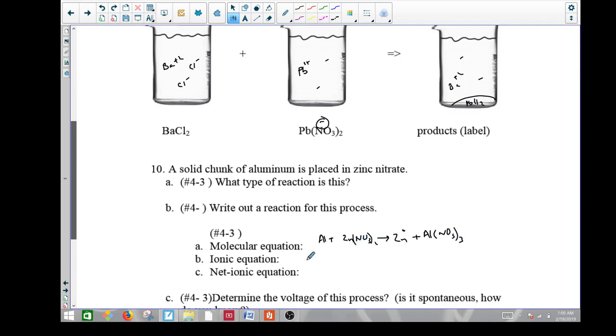So the ionic equation is going to be aluminum metal, aluminum solid, plus Zn2+ plus NO3- goes to zinc metal, and then plus Al3+ plus NO3-.